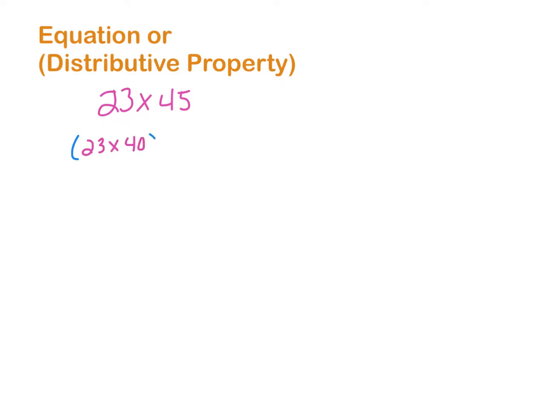So I've done 23 times 40 plus 23 times 5. So I have distributed the 23 to both parts of 45.